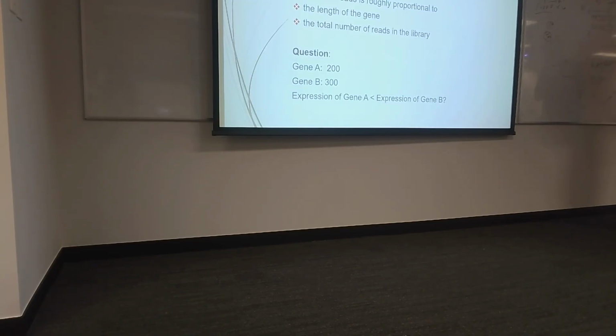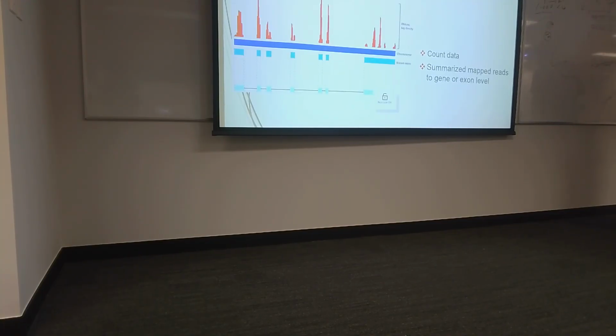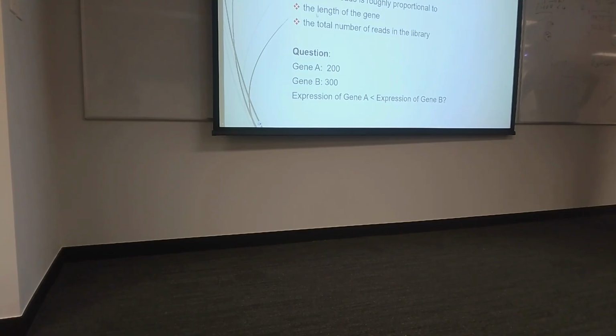So here I give you one example. For a particular gene, if I have to know the expression level, I'm going to quantify how much the gene has been expressed in this sample. I can count the number of reads within the gene, right? So here, for example, I can calculate gene A maybe has 200 reads.